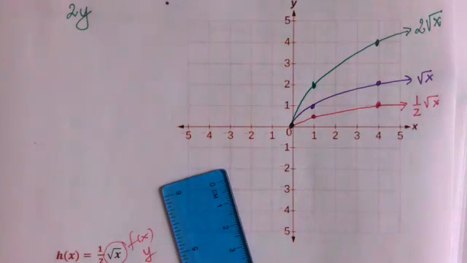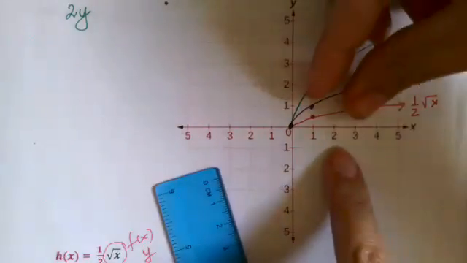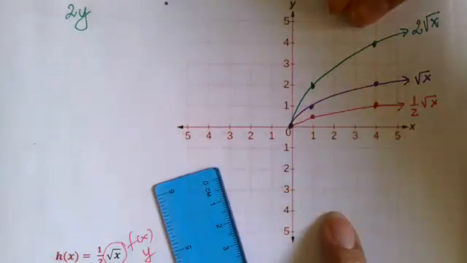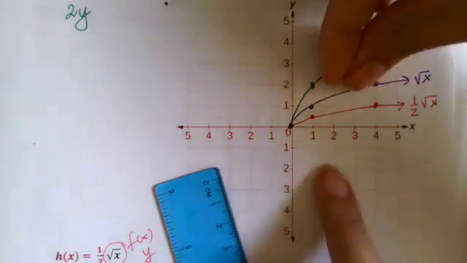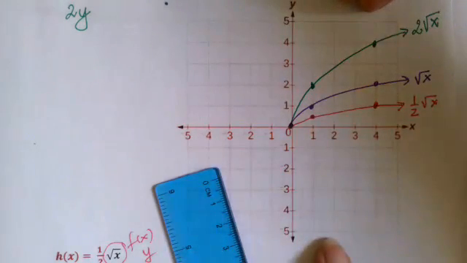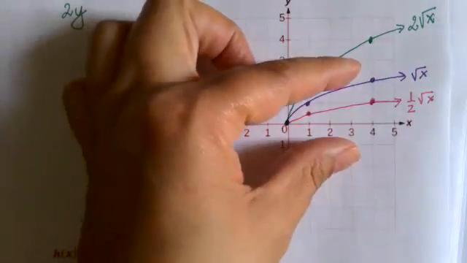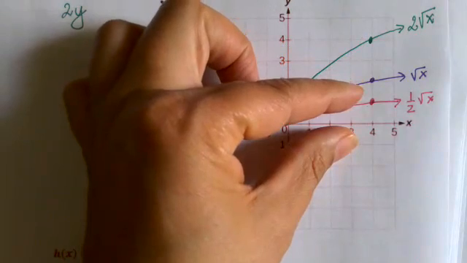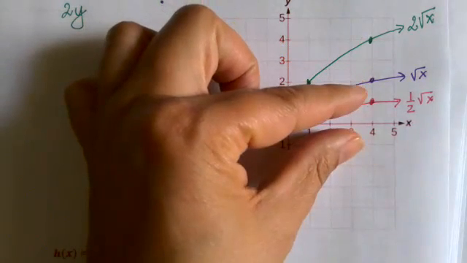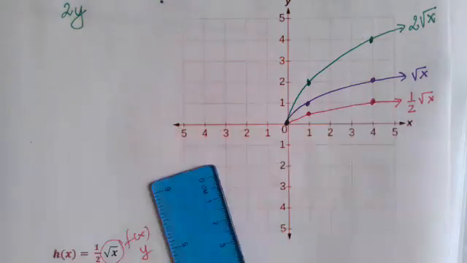Now, visually, when you look at a vertical stretch, you can imagine that the graph is going to go a little bit steeper than before because you're stretching it in the vertical direction. If you're looking at a vertical compression, your graph has to be closer to the x-axis because you're pressing it down in the vertical direction.